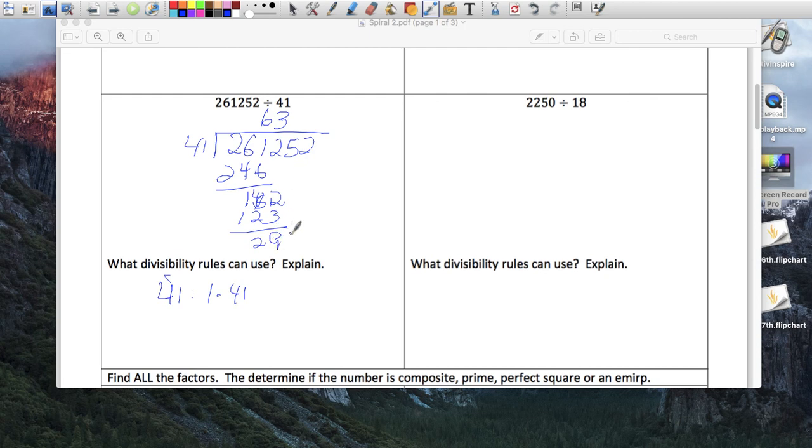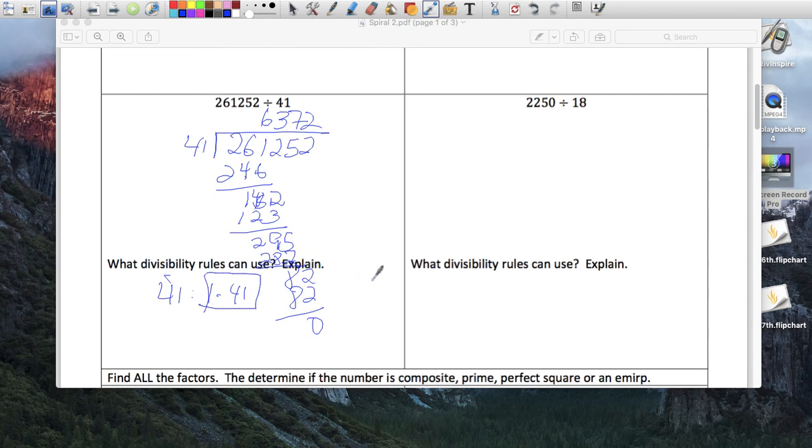Bring down the 5, and that's going to be a 7. Yeah, 7 works. 7 times 1 is 7. 7 times 4 is 28. Bring the 2 down, and actually it worked. Wow. 41 goes 2 times, 82. So this one, it worked. We didn't know because there was no way to check except by dividing, right?